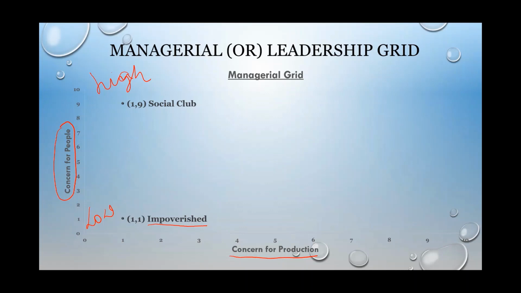He may help the organization create a better environment for the followers, but the objective of the organization is neglected. This kind of style is called social club. Here the leader creates a club kind of environment where employees enjoy coming to the organization, but at the same time production is not taken care of properly, because production is low here, but concern for people is very high.